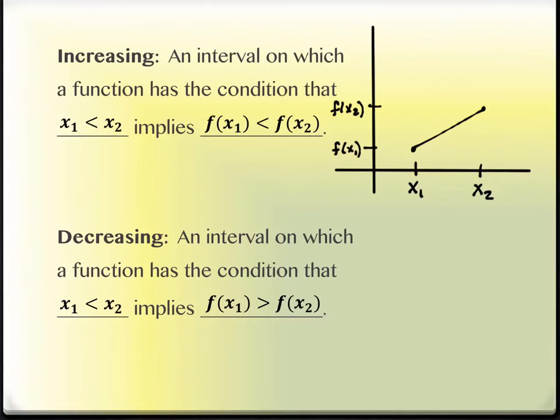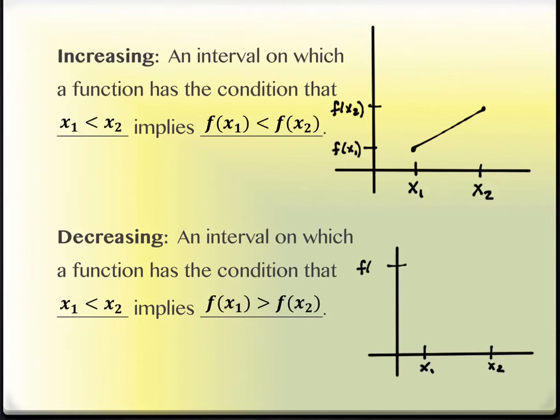All right, decreasing is quite similar. We still have this notion that x1 is less than x2, right? We still have to have the order of the x values the same. So we'll put them in there in the same approximate locations. Here's x1, and here's x2. But instead, we want the y value corresponding to x1 to be bigger than the y value corresponding to x2.